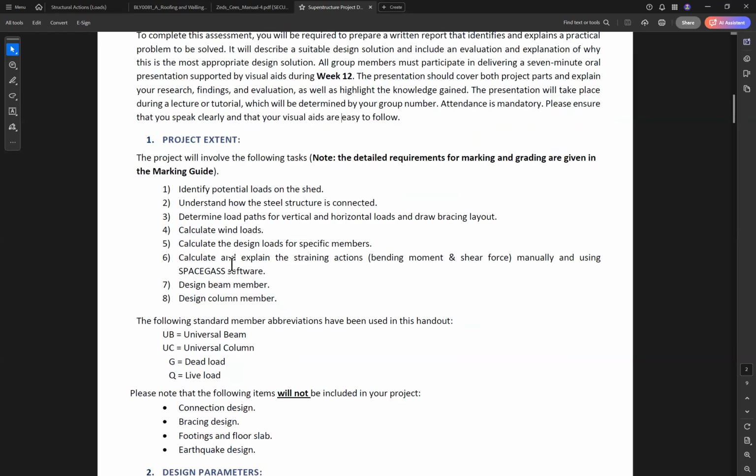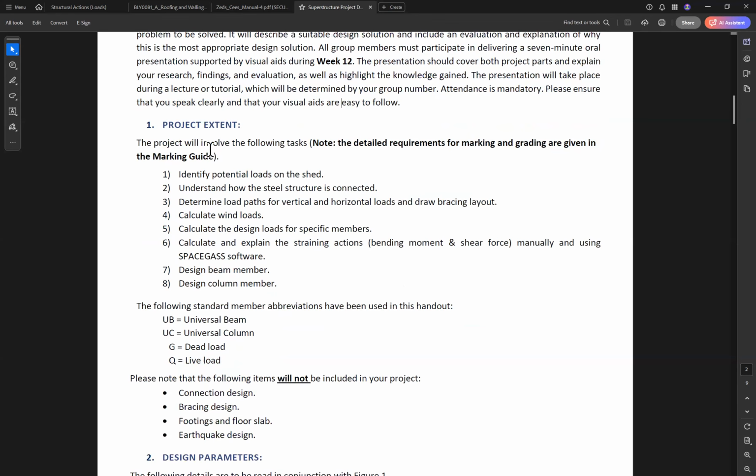Okay. The project will involve the following tasks. The details will be in the marking guide, so this is just some key elements of the requirements. We will identify the potential loads on the shed, which include dead load, live load, and wind load. Understand how the steel structure is connected, so we will have a discussion about steel connections.